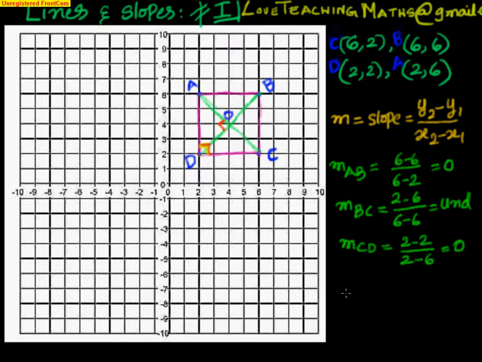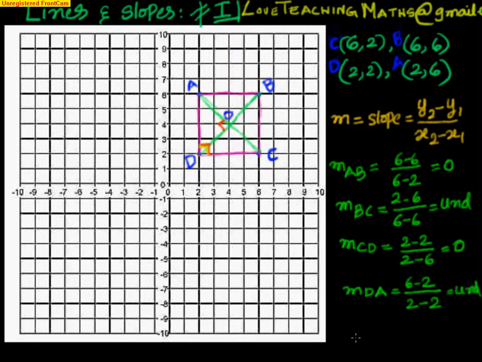We have done AB, BC, CD. Let's do DA. m of DA is equal to, A's y coordinate is 6, D's y coordinate is 2. So it's 6 minus 2 divided by 2 minus 2, which is again undefined.